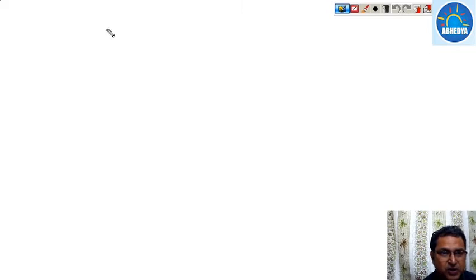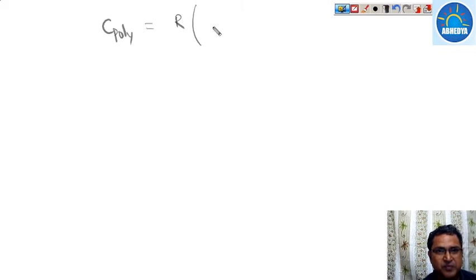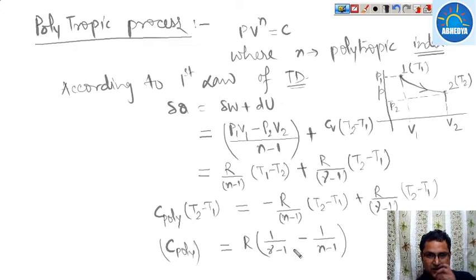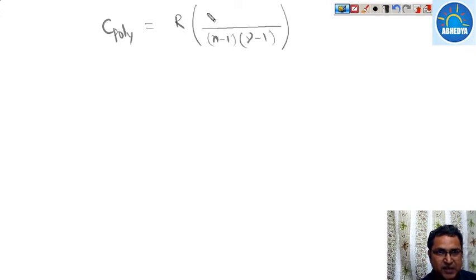So C polytropic, that is the specific heat for a polytropic process, is equal to R upon (n minus 1) into (gamma minus 1). If we take the value of n minus 1 into gamma minus 1, it is n minus 1 minus gamma minus 1.